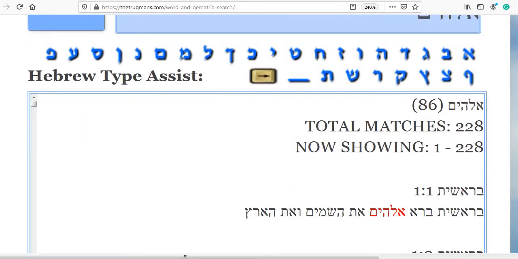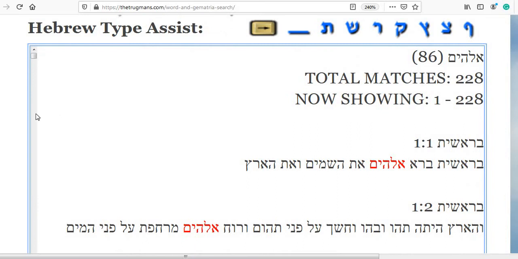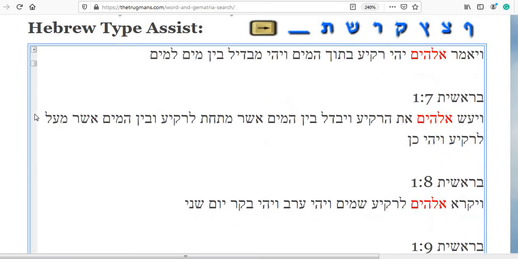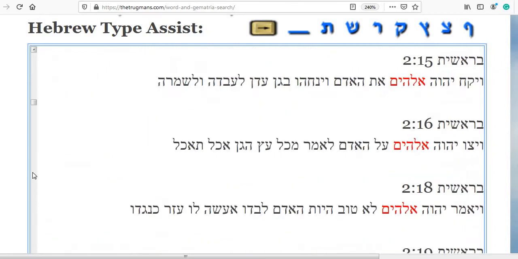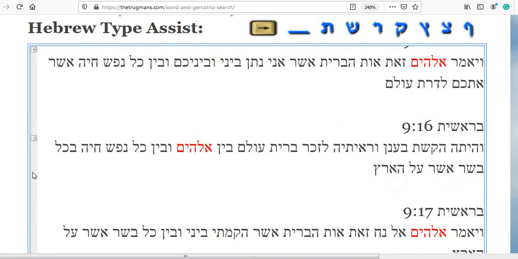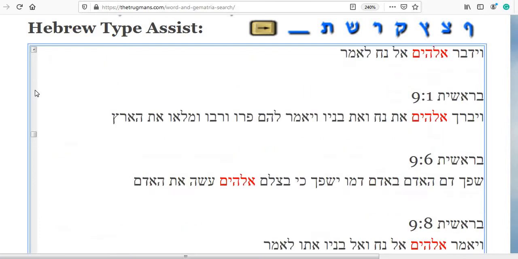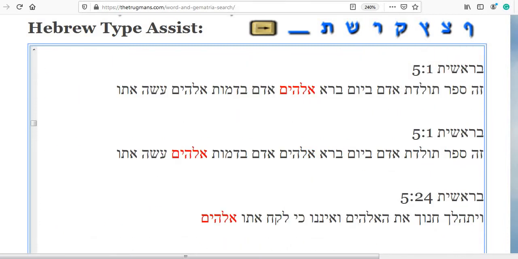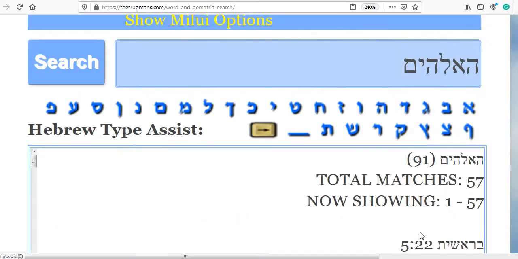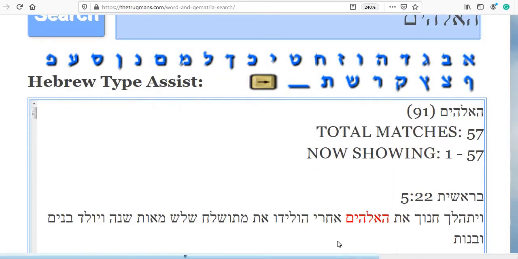And then you'll see it in 1:2 and throughout Genesis. You can see here in practically every verse, especially early on, many, many times. But then, when you get to Ha Elohim, you find it first in Genesis 5:22 in regards to Enoch.